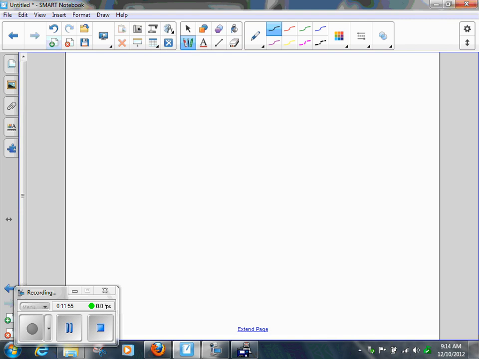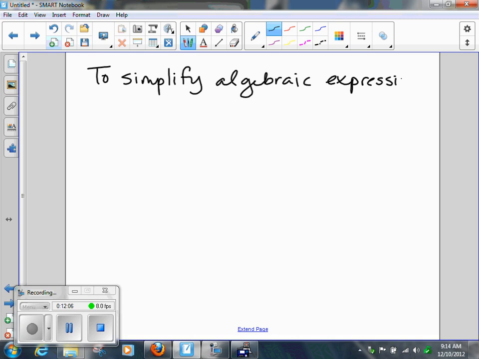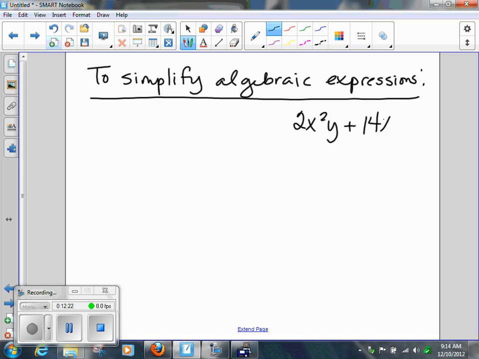So let's look at simplifying algebraic expressions. If I were to give you something like 2x squared y plus 14xy to the third z, and I told you to simplify that, because that's an algebraic expression, what would the first thing you would do be?